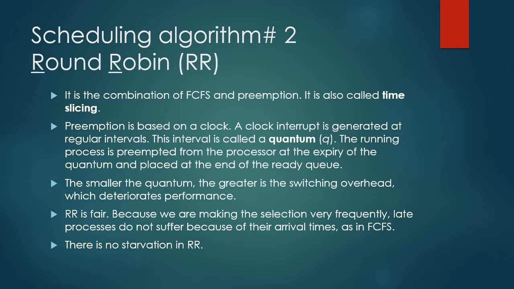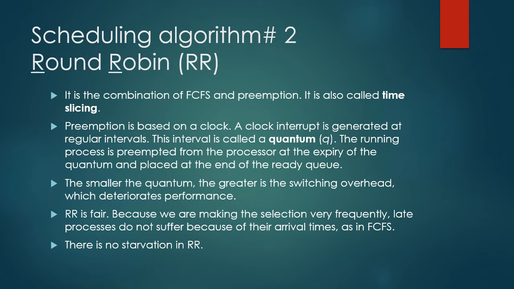The running process is preempted from the processor at the expiry of the quantum and placed at the end of the ready queue. A process can either leave the processor willingly if it completes or asks for IO, or it will be preempted when its time is up.